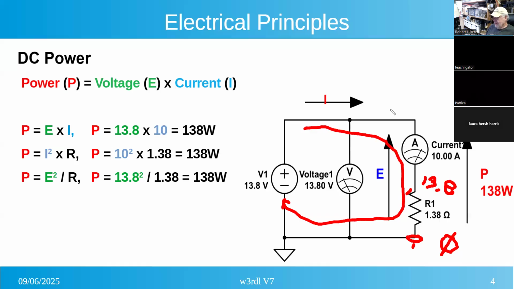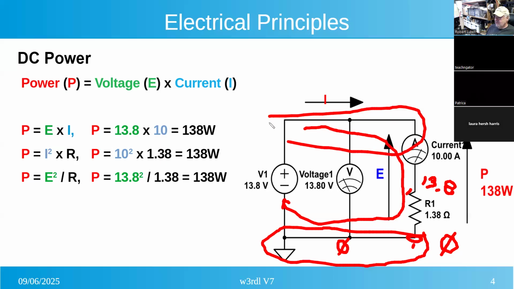It continues to go around back to the negative side of the voltage. So is it 0 all the way there until it goes through the battery again, and then it charges up to 13.8 again? Well, at this point, all of this is 0. All of this is 13.8. That makes sense.